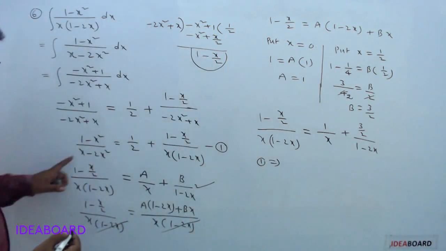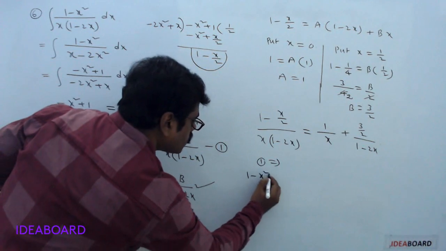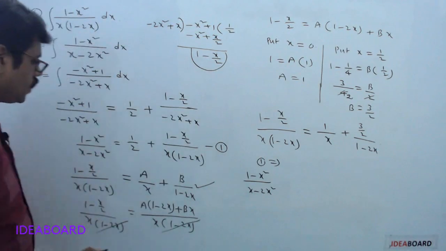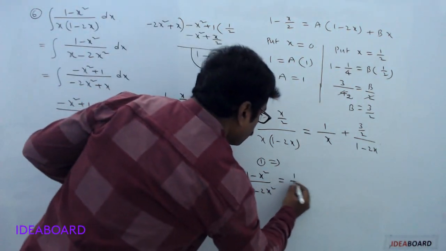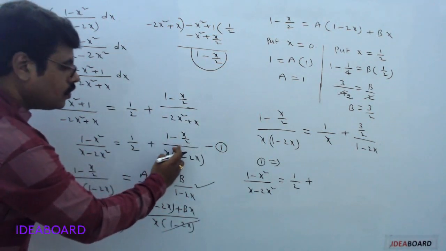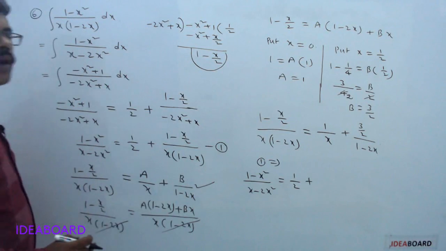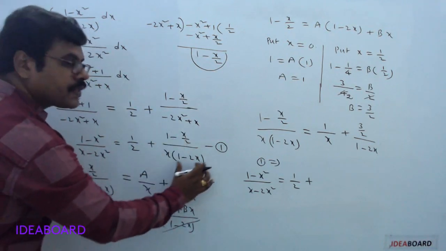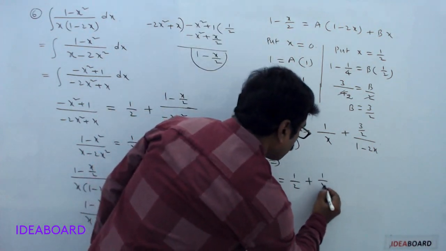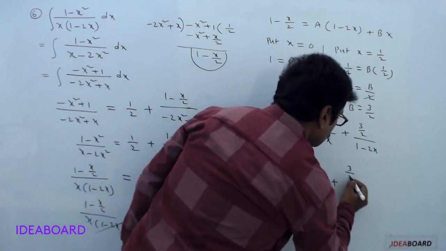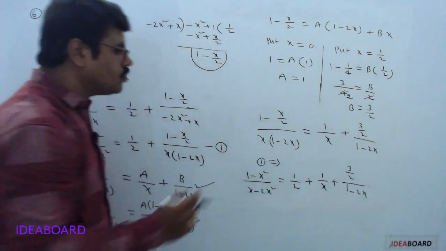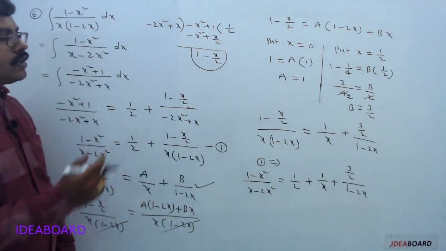Equation 1 implies this is 1 minus x square divided by x minus 2x square equal to 1 by 2 plus 1 minus x by 2 divided by x into 1 minus 2x. In place of this proper fraction, you can write down these two terms: 1 by x plus 3 by 2 divided by 1 minus 2x. First write down those steps, then we will discuss the continuation of the problem.